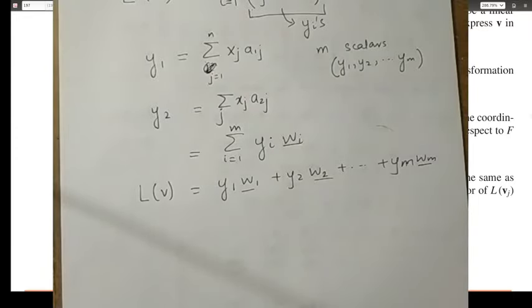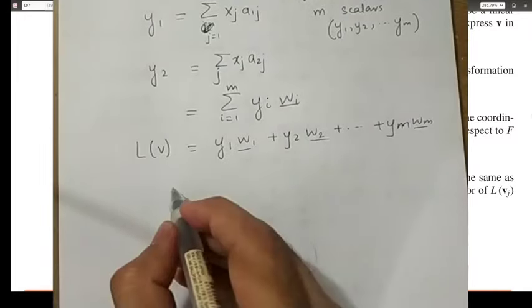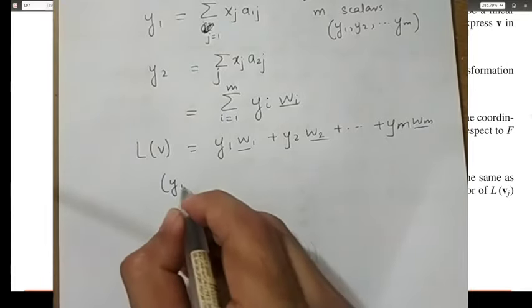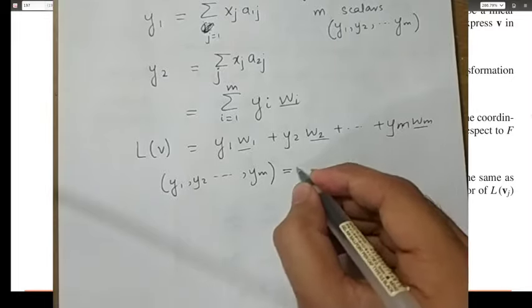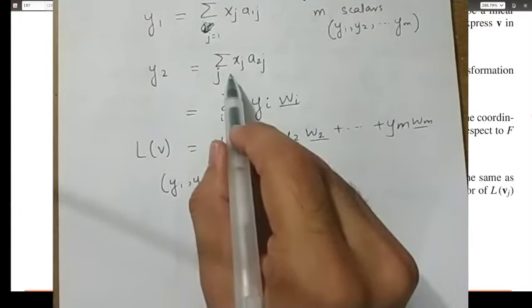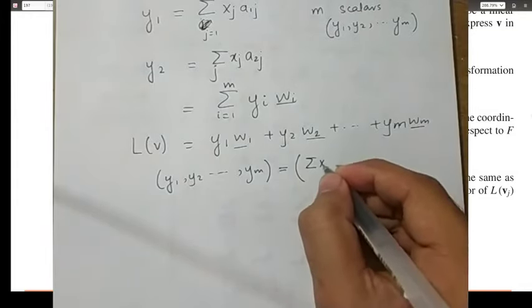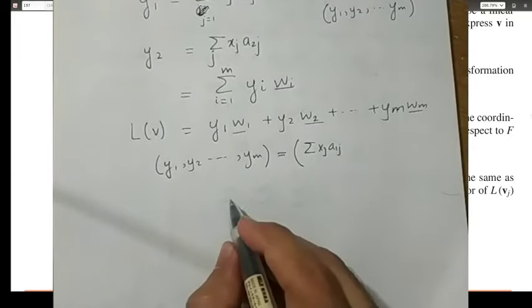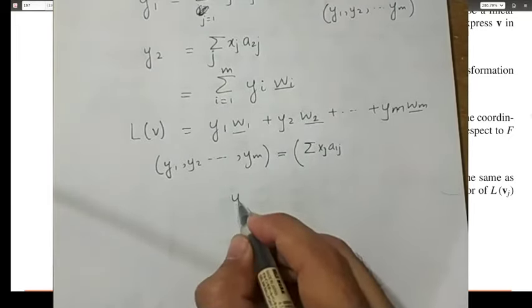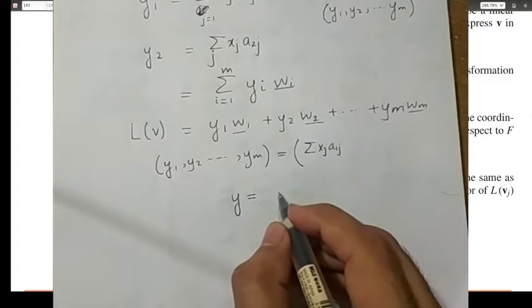So that was the statement of the theorem, and we found that L(v) is equal to this, where these coordinates y1, y2 up until ym are given by summation xj a1j and so on. You can actually express this y vector as a summation of the following form.